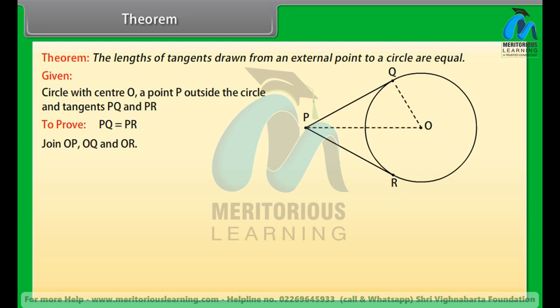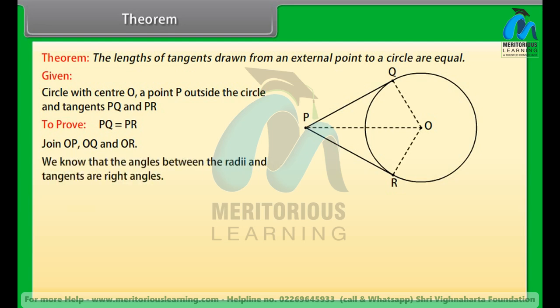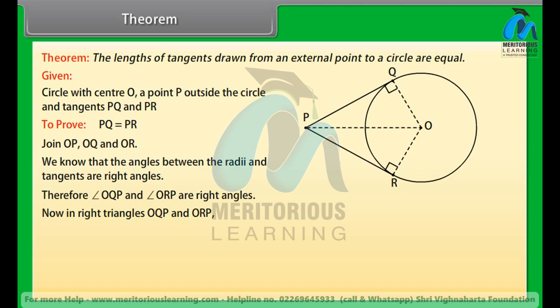Let's join OP, OQ, and OR. Now we know that the angles between the radii and tangents are right angles. Therefore, angle OQP and angle ORP are right angles. Now in right triangles OQP and ORP, OQ is equal to OR because these are the radii of the same circle.